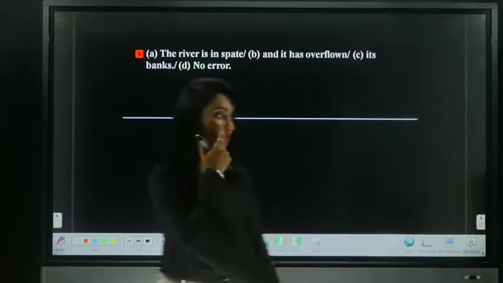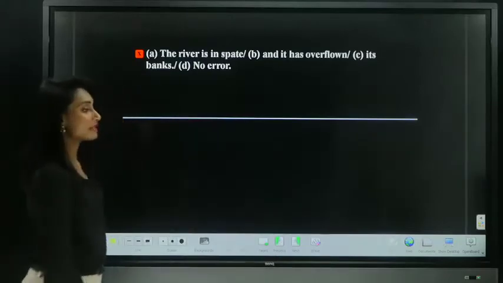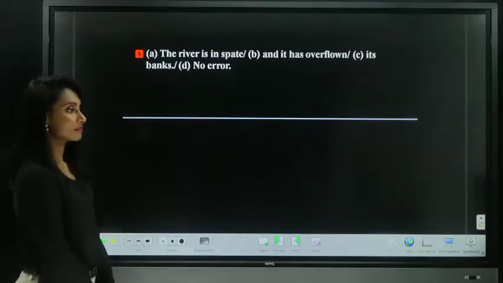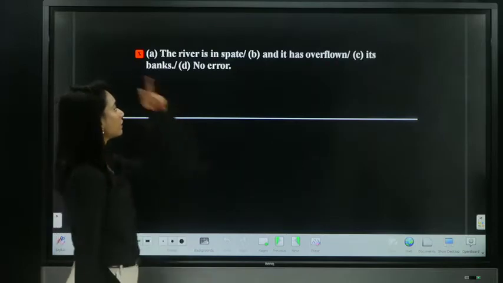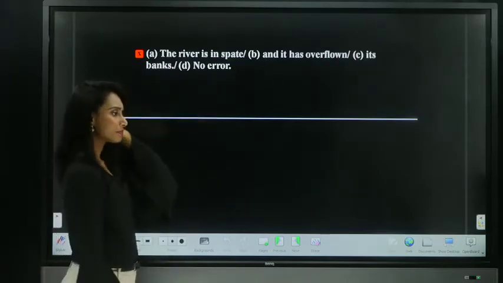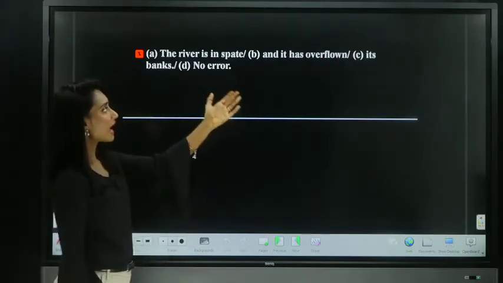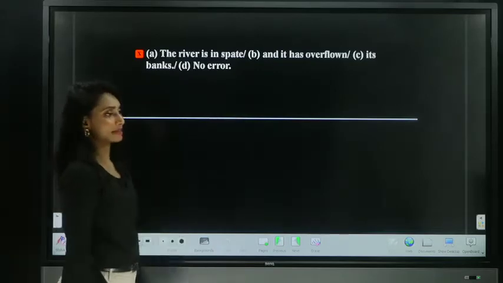Quick, guys, what do you find here? What is the error? The river is in spate and it has overflown its banks.